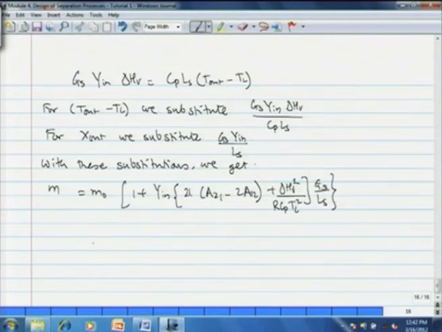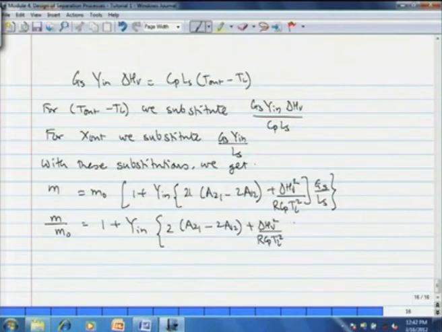Okay. Or we take M by M naught equal to 1 plus Y in 2 into A21 minus 2A12 plus delta HV square by R Cp TL square.